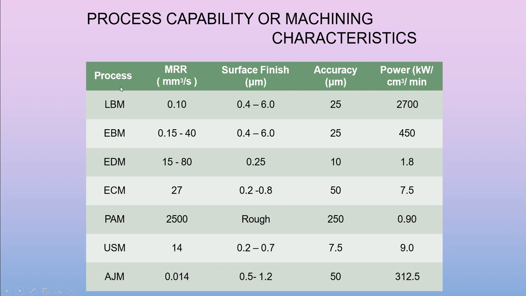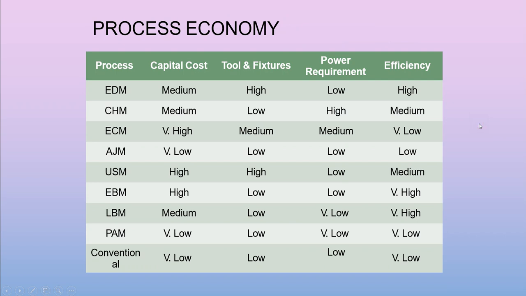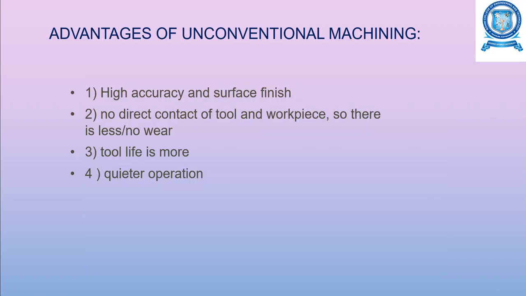And this is the process economy for various machining processes: the capital costs, the tools and fixtures, power requirement and efficiency. So this table shows the process economy for various unconventional machining processes.